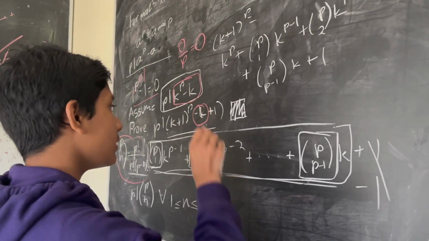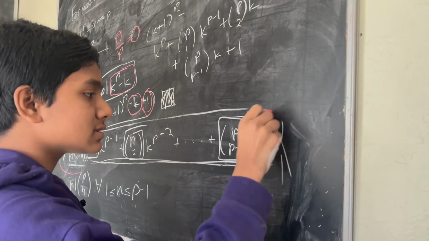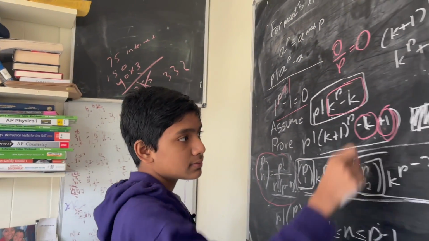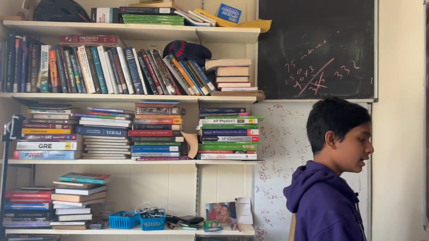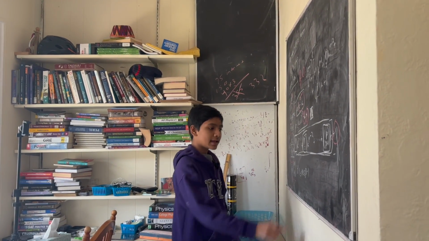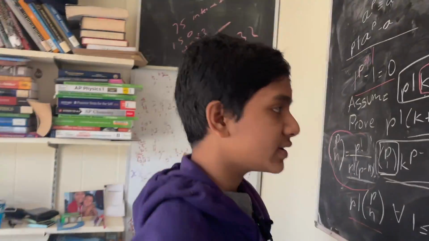And one more thing, this surplus minus 1 actually gets canceled out with a plus 1 in the binomial expansion. Yes, I know it says plus 1, but when you distribute this negative sign, that becomes different. So, since p always divides p choose n for any n between 1 and p minus 1, that means that our final answer is totally divisible by p.